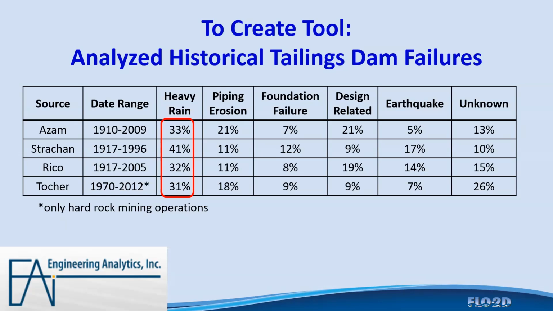You can see in my table that heavy rain, piping erosion, and earthquake are basically the most common causes of failure. So we have extreme hydrologic events, piping erosion, foundation design failures, and earthquakes as the most common causes of failure for tailings dam facilities.